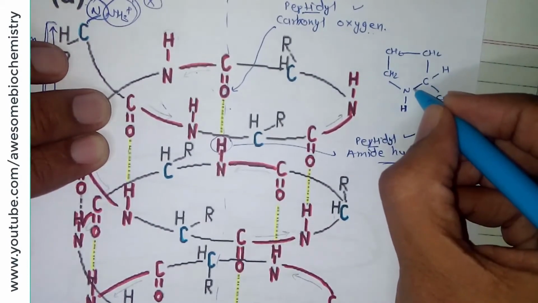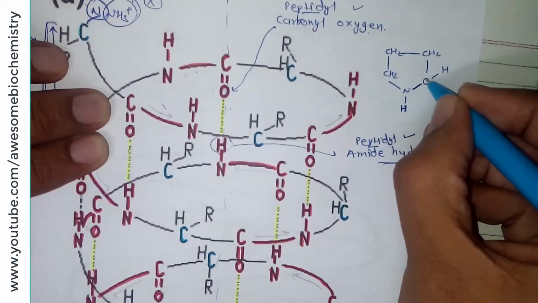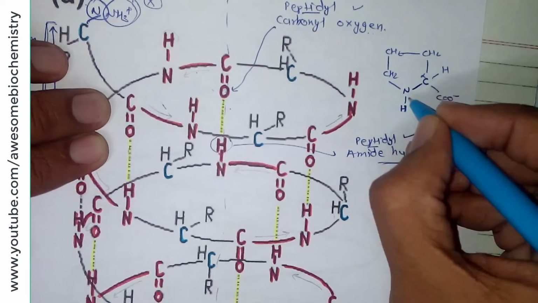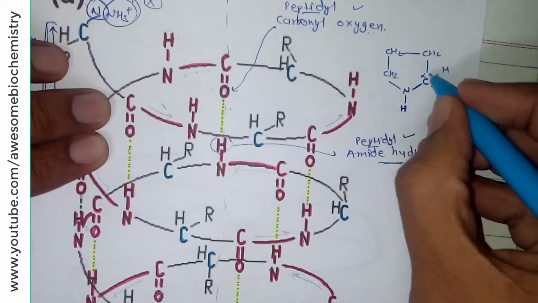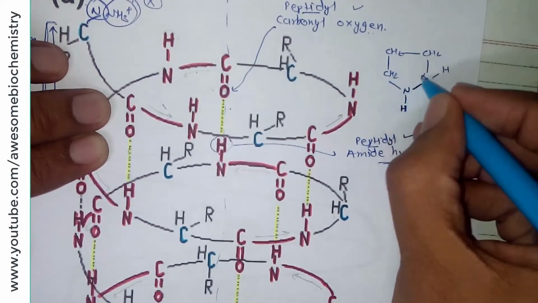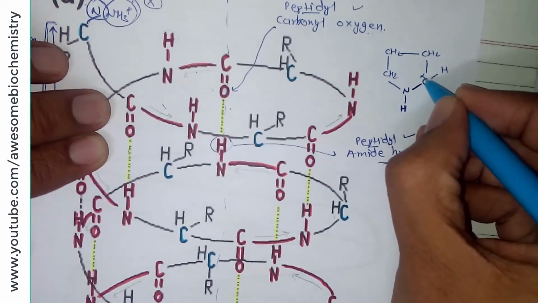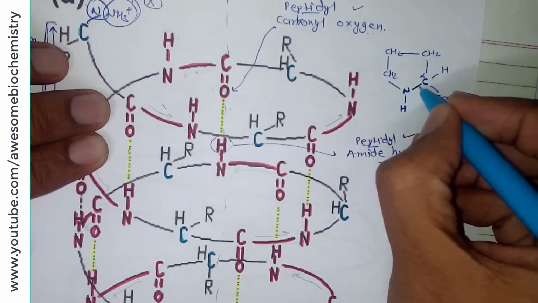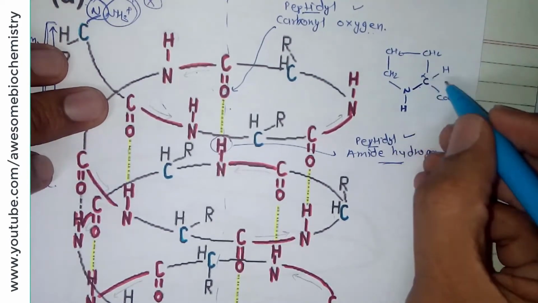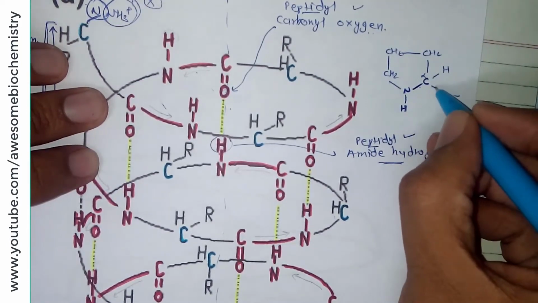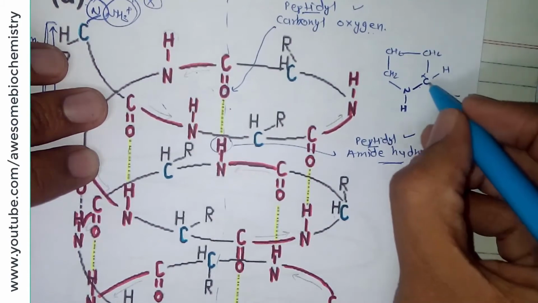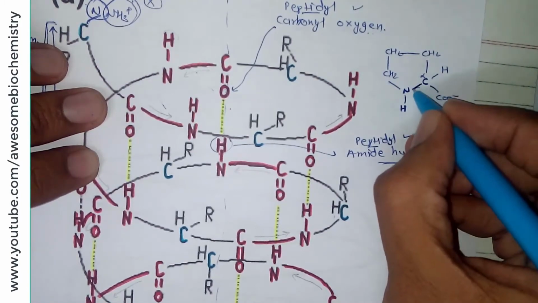Now, in case of proline, the problem is that this alpha carbon and this amide nitrogen with its hydrogen are both part of this 5-membered ring. So, what happens, this bond becomes rigid. Now, once it becomes rigid, then what will happen? In the polypeptide chain, a sharp turn will be seen.